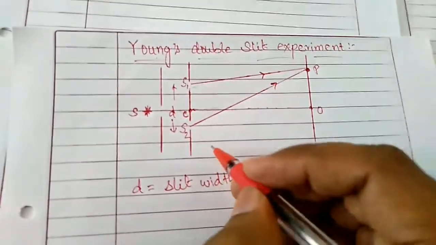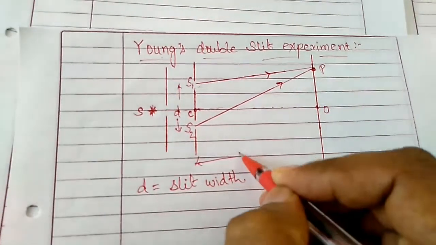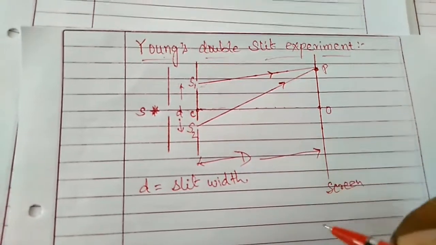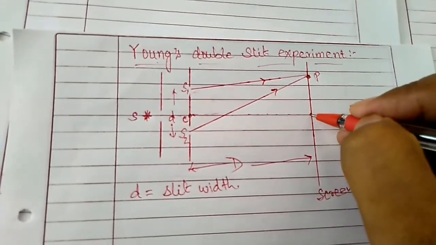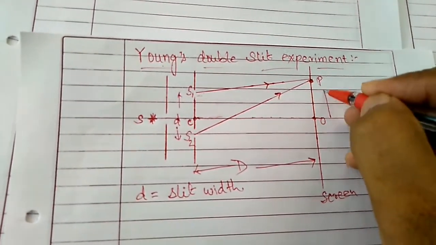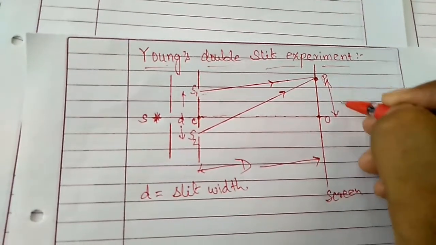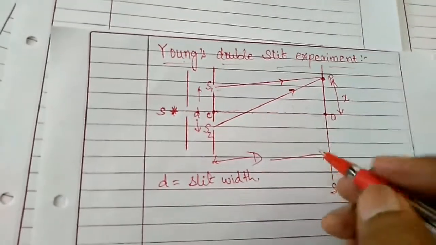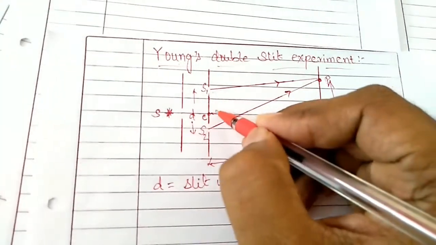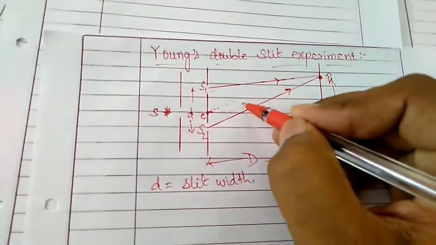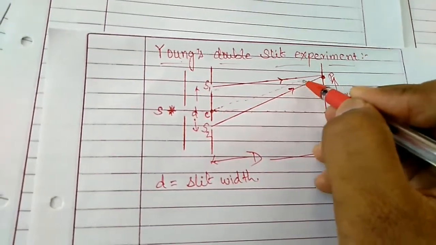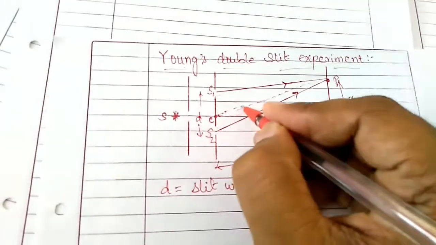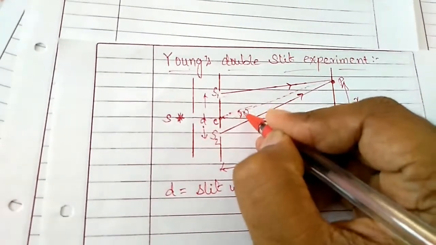Now let the distance from the slit to the screen be capital D, the position of this point from the center be small x, and if I join the center with this point P, let this have angle theta.